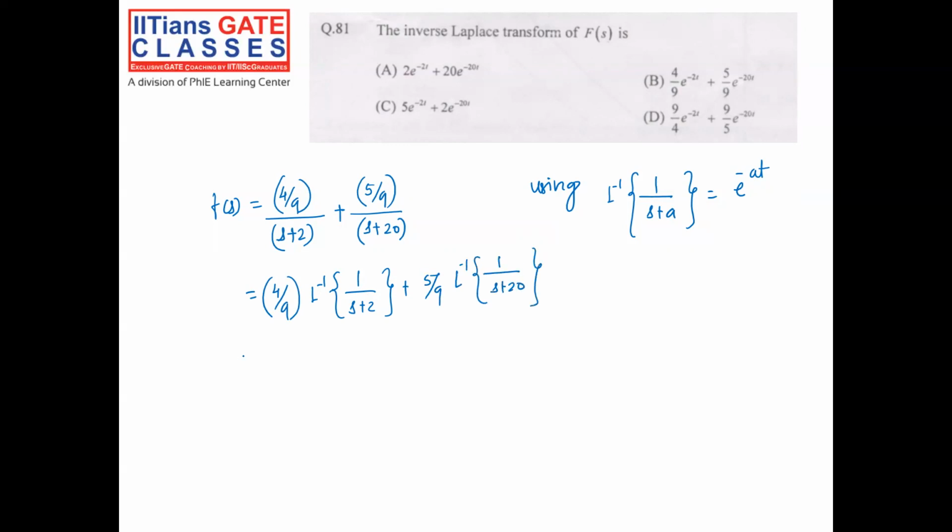Now it is comparable to the standard form, and we can write 4 by 9 e to the power minus 2t plus 5 by 9 e to the power minus 20t. Looking into the options, we can clearly say option D is correct. Let me check, no, option B is correct in this.